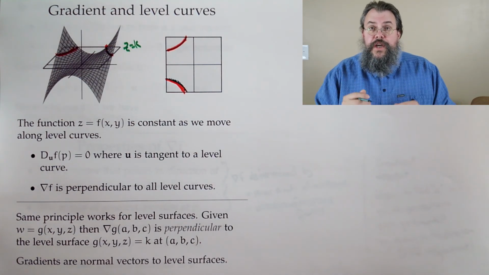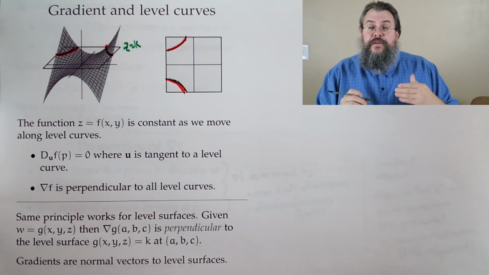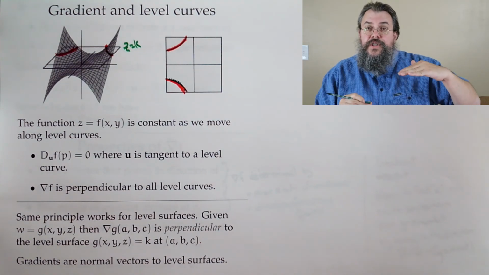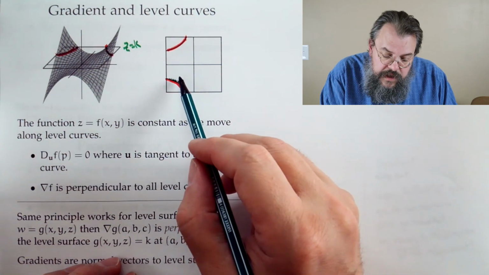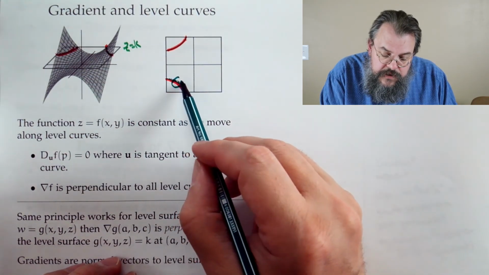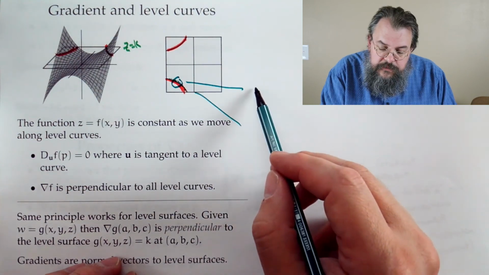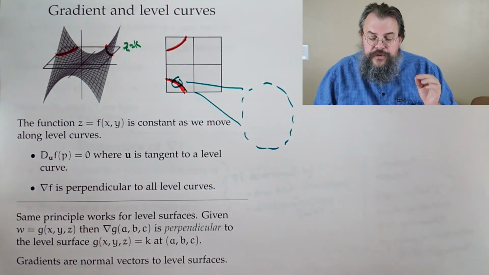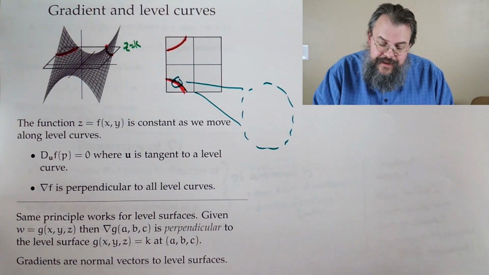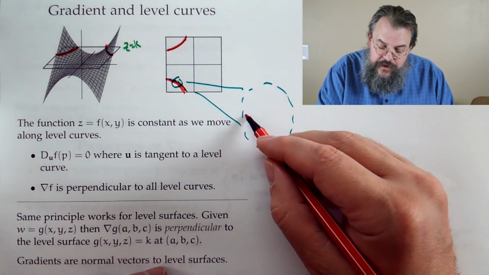So there's no change in my elevation. So in terms of the derivative, no change corresponds to 0. Now, what do we see? Well, if you were to zoom in, of course, on this level curve, what you would see is that close by, our level curve looks like a line.